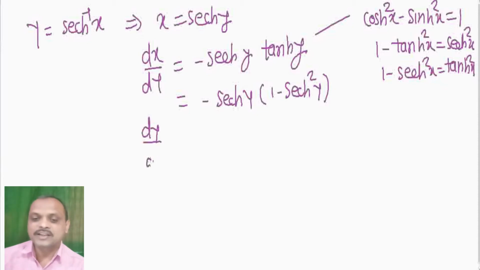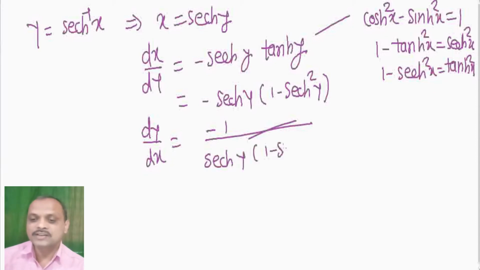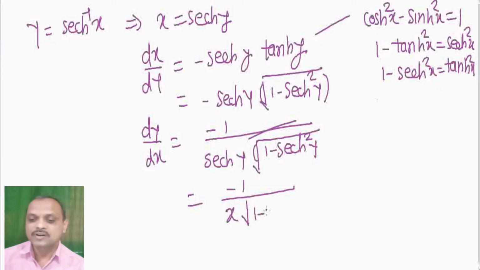Therefore dy by dx equal to minus 1 divided by sech y into under root of 1 minus sech square y. What is sech y? It is x. So dy by dx equal to minus 1 divided by x into under root of 1 minus x square.